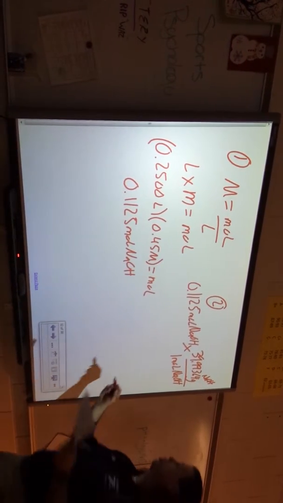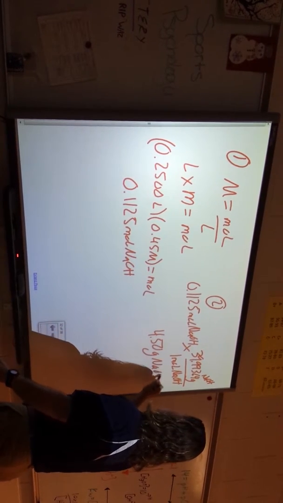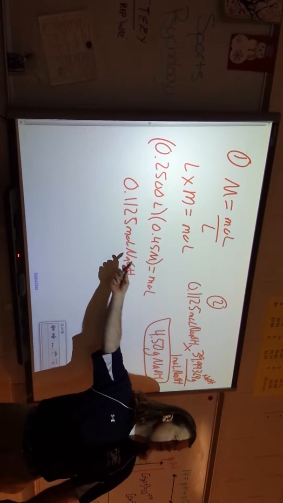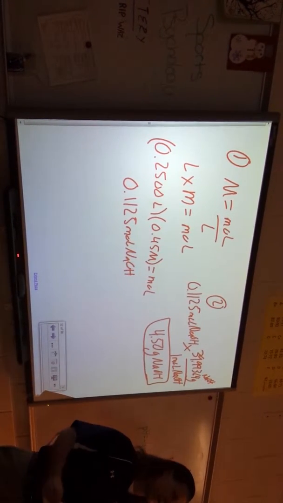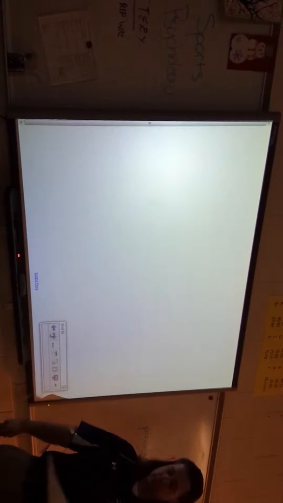Multiply that out correctly, and you should get an answer of 4.50 grams of sodium hydroxide for the problem. Now again, if you rounded at this point and got like 4.4, I gave you credit for it, because it's just a rounding issue. So that was the first one, and a lot of people did okay with that.